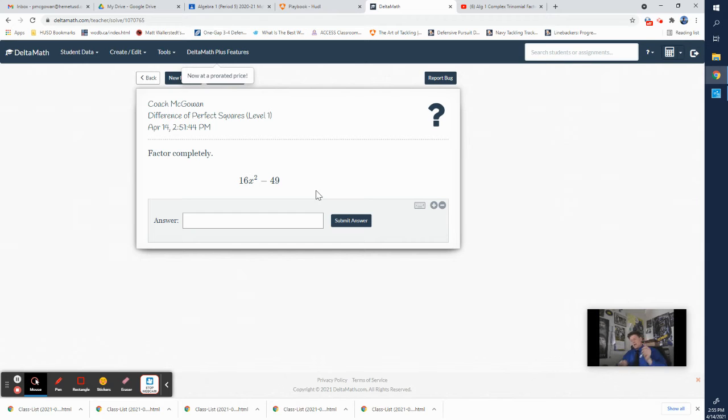If you can take the square root of the first term and take the square root of the second term, with a minus sign in the middle, you get this difference of perfect squares. We could take the square root of 16. We could take the square root of 49 because that's 4 and 7.